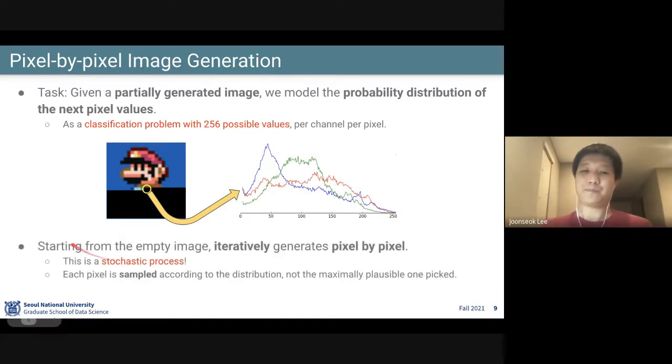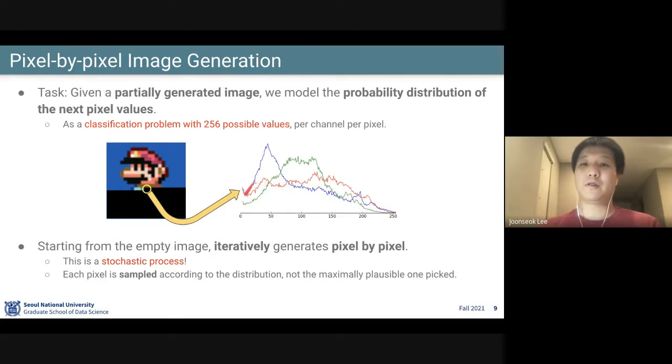So here, starting from the empty image, at the very beginning, we don't have anything, right? So just given the empty image, it iteratively generates pixels one by one. Given the first image, which is nothing, it estimates the probability for the first pixel. And then we will get this distribution. And to make this a stochastic process, we don't decide the pixel deterministically. We just sample from this distribution.